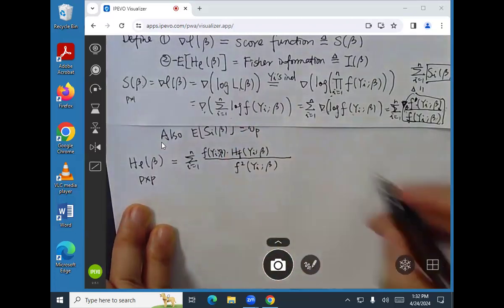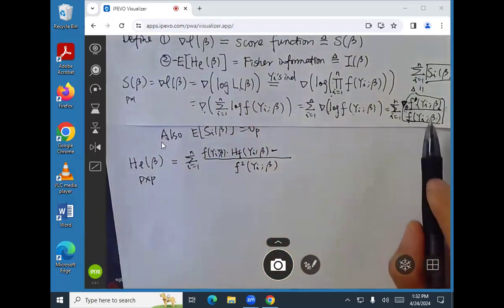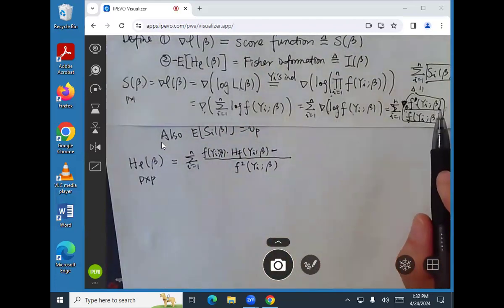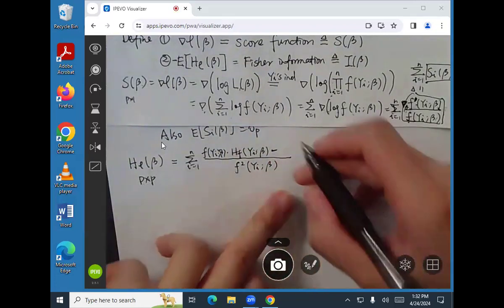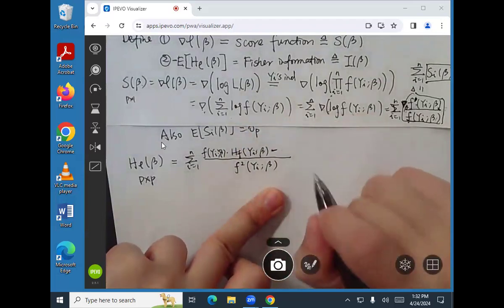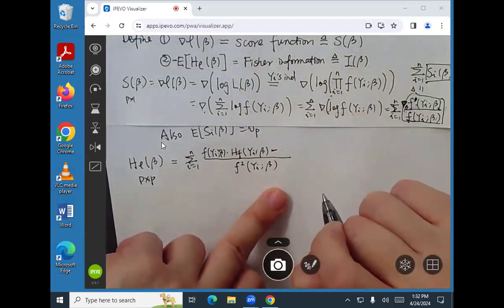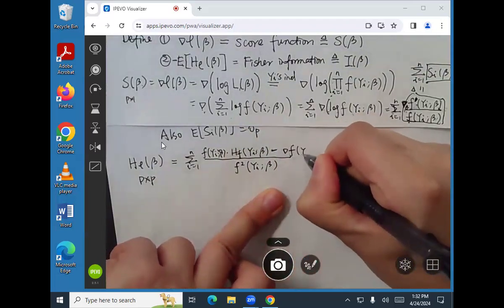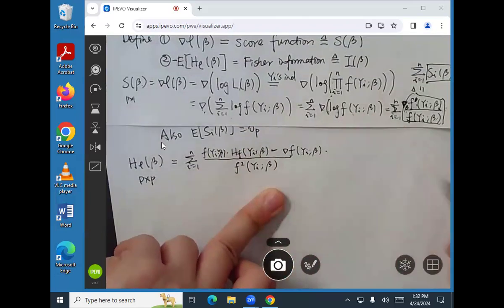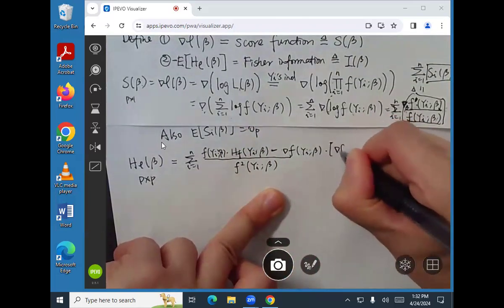Okay, and then minus. I keep the numerator and take the derivative of the denominator, so it becomes gradient times gradient. I need to be careful with the dimensions because here I need a P by P. Each gradient is P by 1, so I have the gradient times the transpose of the gradient.